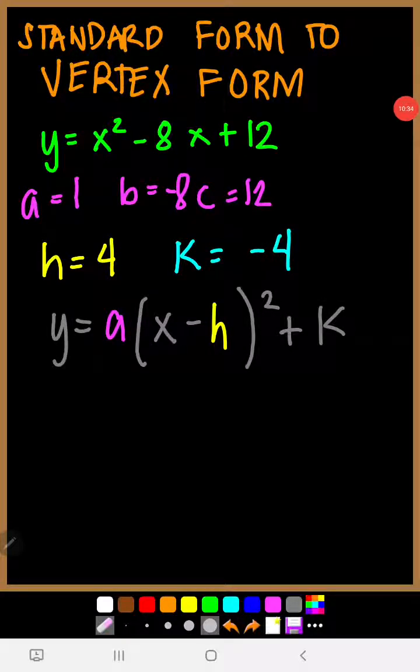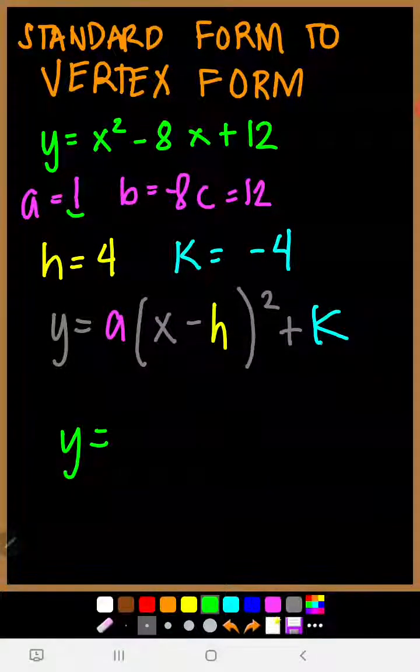Okay. So, nakuha na natin yung mga kailangan nating values. May yung a, yung h, tsaka yung k. Okay, so, substitute lang natin yung mga values na nakuha natin dun sa vertex form. So, the vertex form is y is equals to, ang a natin is 1.